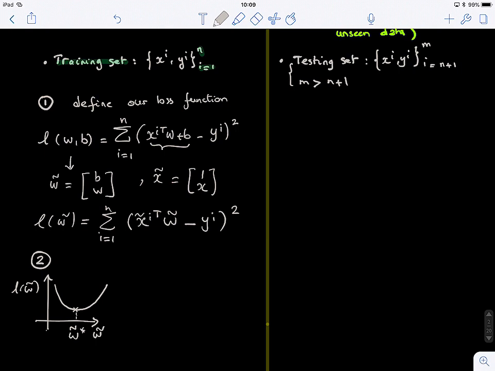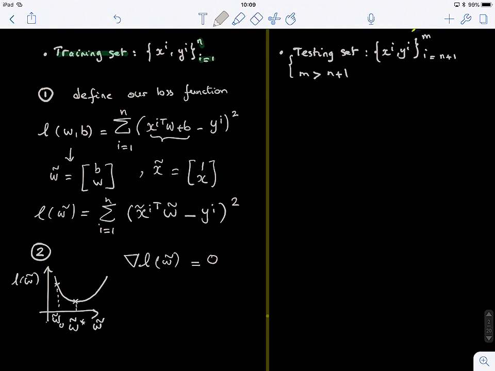Gradient descent. We start off at some initial guess, W0, and then we compute the gradient, and the gradient should be equal to zero, and then we solve. There are two ways of doing this, and this is very important.